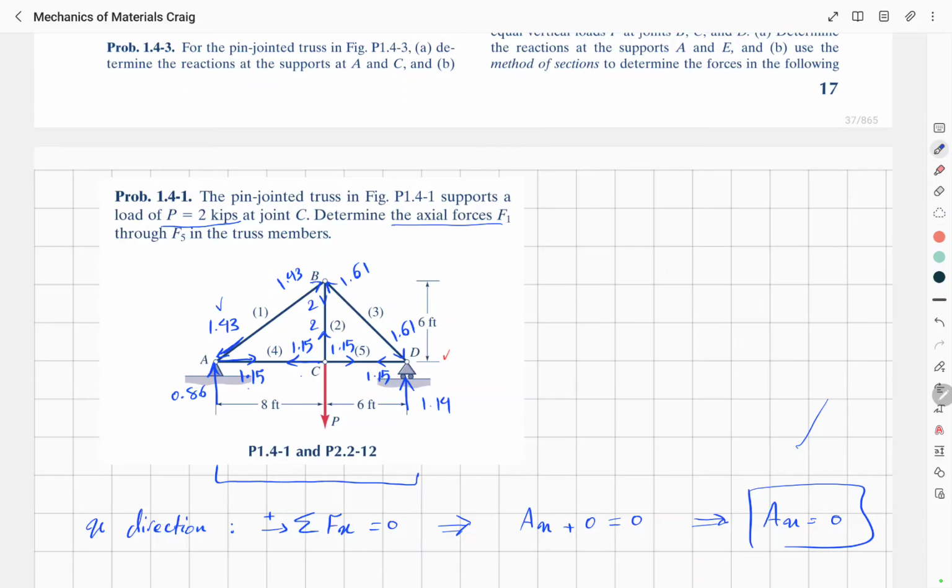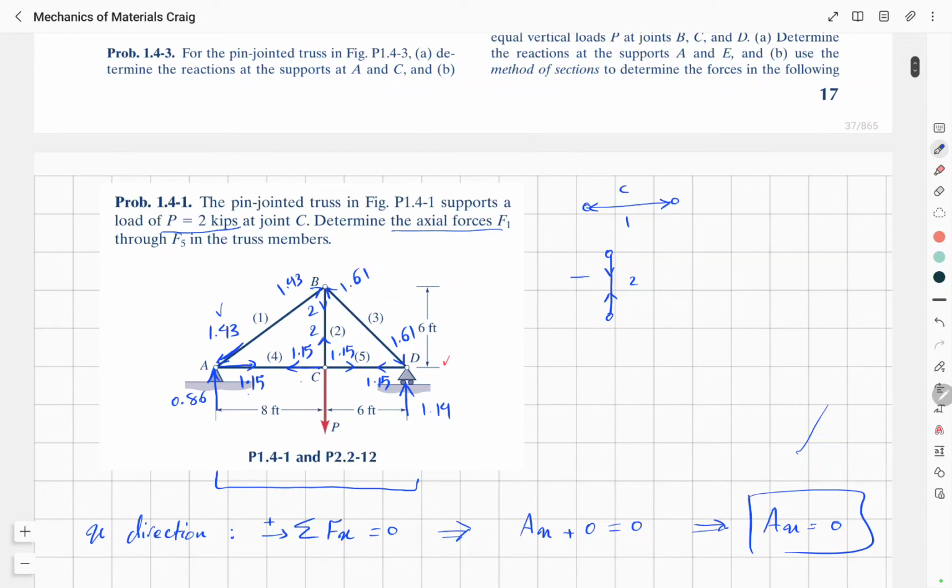So for member 1, the forces are coming into the joint, so the member is in compression. For member 2, the forces are coming out from the joints. So this is member 2, so this is in tension.